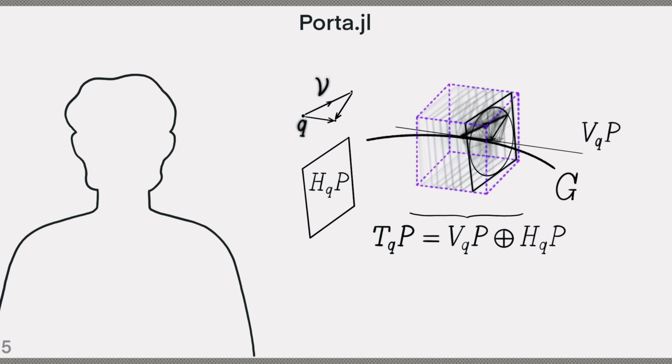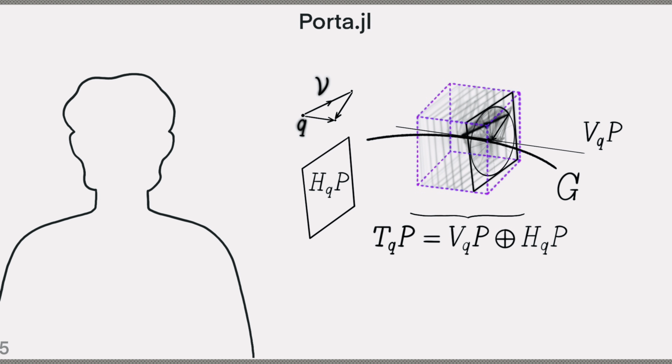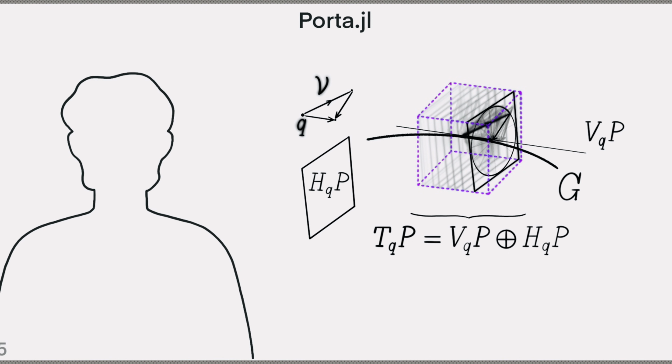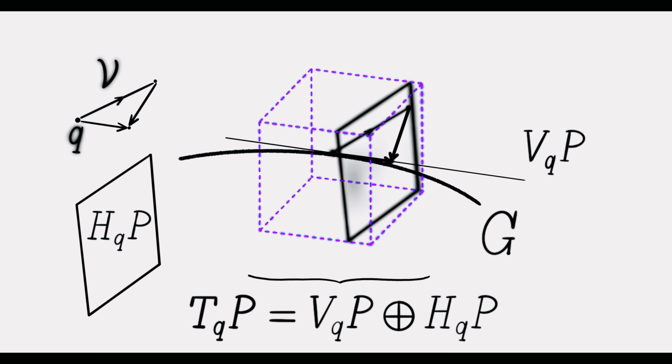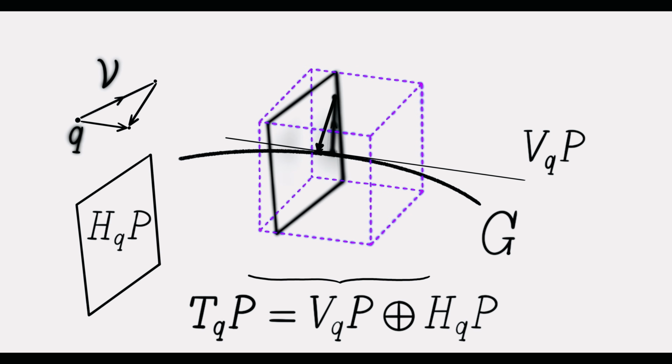A connection denoted by A on a principal G bundle P assigns a horizontal subspace of the tangent space to each point Q in P in a smooth way.